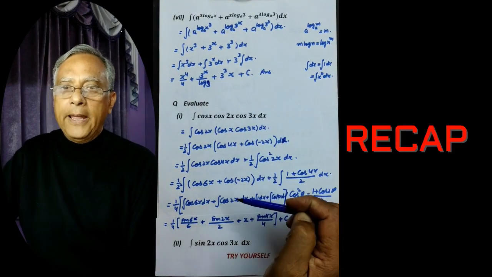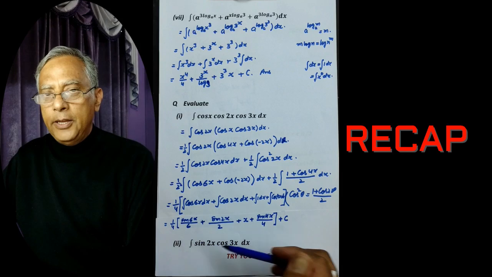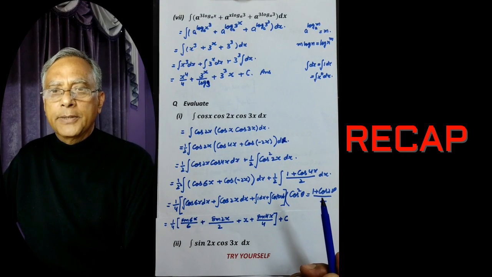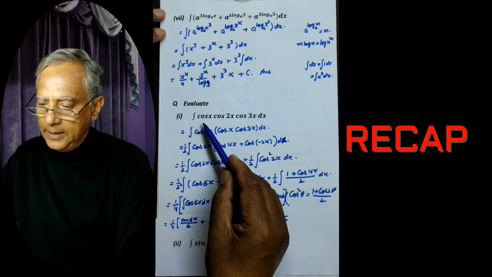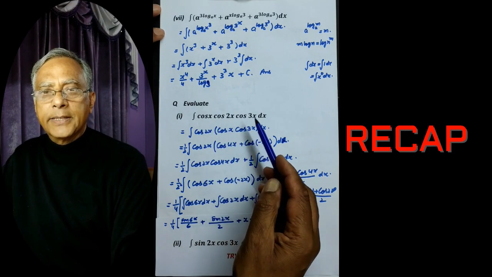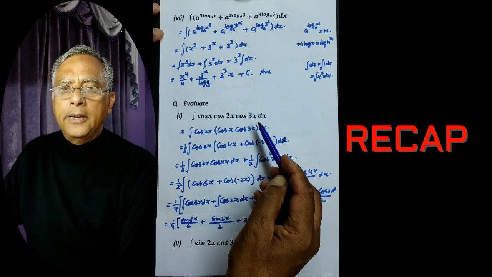Now I very quickly go through the ideas we used in solving some of these questions. Now first is this cos x into cos 2x into cos 3x. We have done it several times in trigonometry.